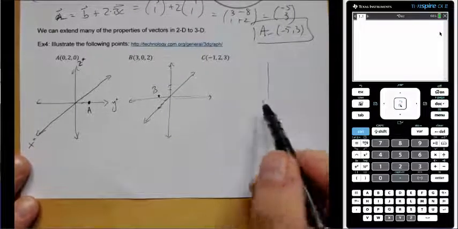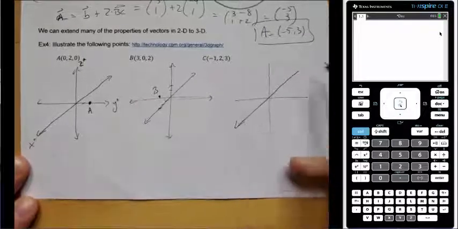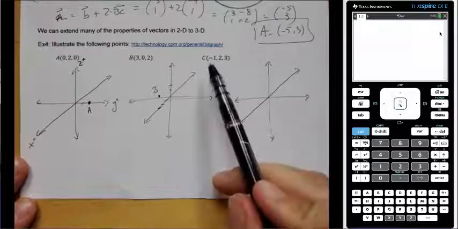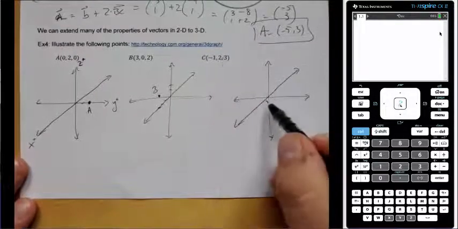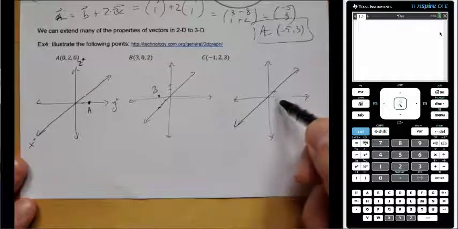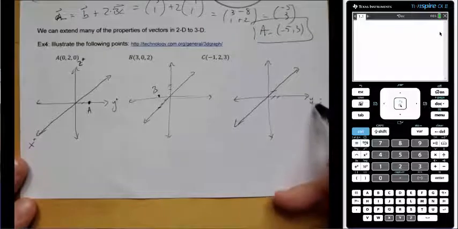And lastly, let's see if I can draw this. -1, 2, 3. So -1 on the x-axis would be back 1. I'm going to go 2 along the y-axis.